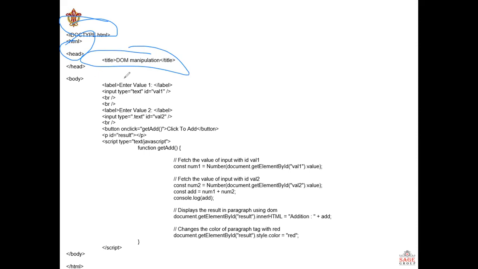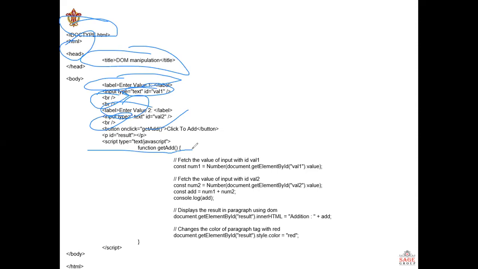Then we move to the body and labels. The user is asked to enter a value, input type text, with IDs. Then we have another label, enter value 2, input type text, ID value 2, and we are using a button onclick, getAdd, Click to Add, and the result will be stored here.